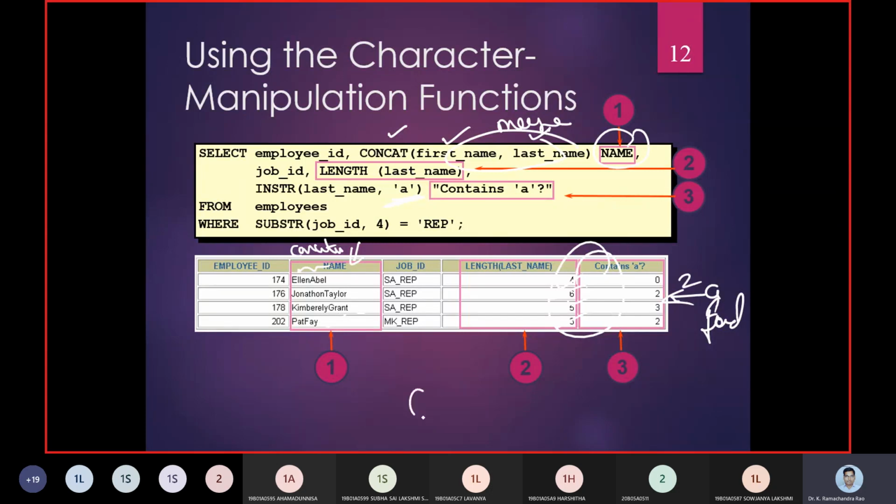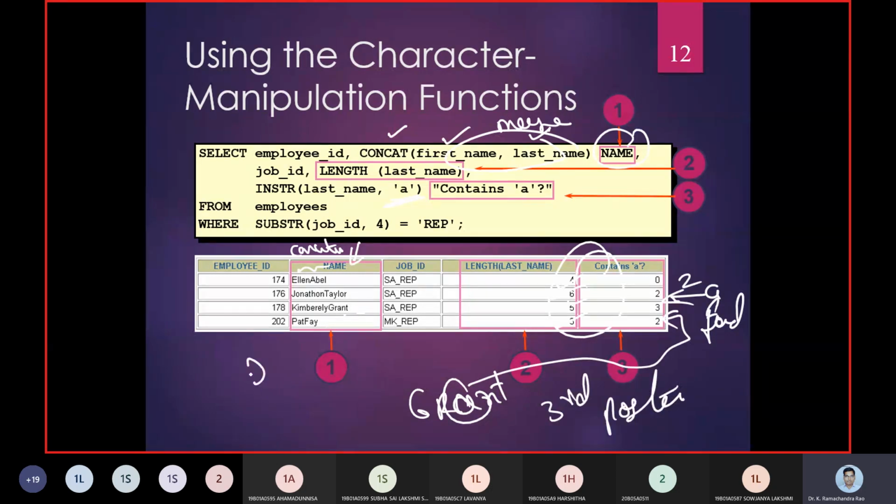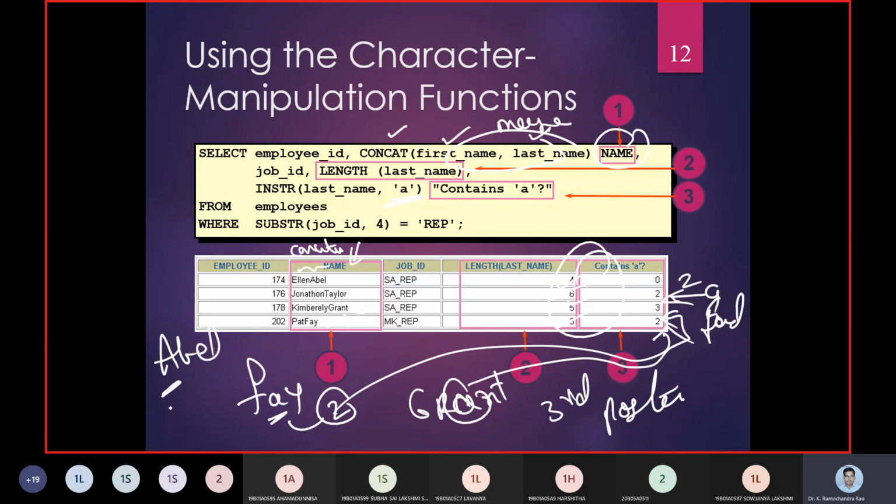Then Grant, G-R-A-N-T: now A is going to be found at the third position. Then Faye: it is going to be found at the second position. But in Abel, A is uppercase, so it is not found. So A is not going to be taken. That is why we mentioned here a 0th position.